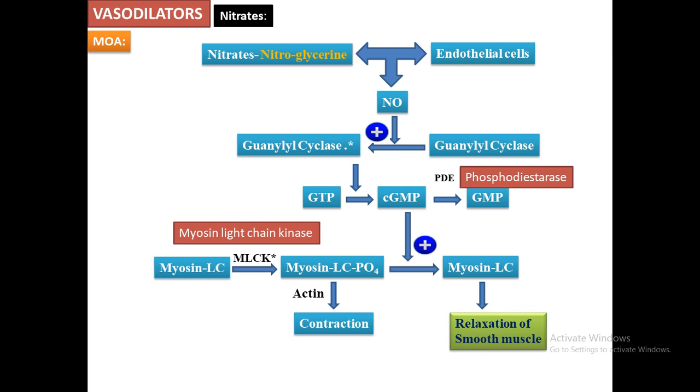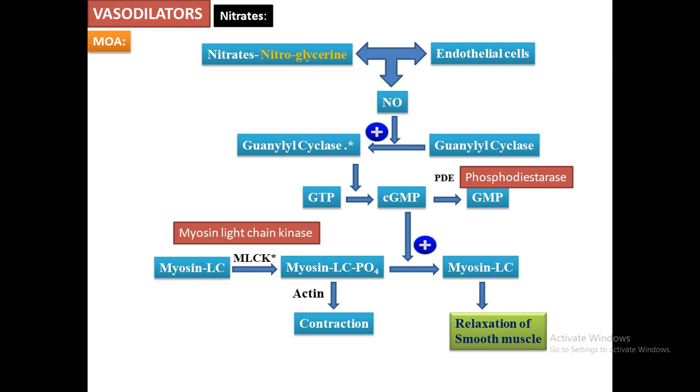Now there is myosin light chain, and there is an enzyme known as myosin light chain kinase, which converts myosin light chain into myosin light chain phosphate. This myosin light chain phosphate combines with actin and is responsible for contraction. But what happens if the level of cGMP is increased?